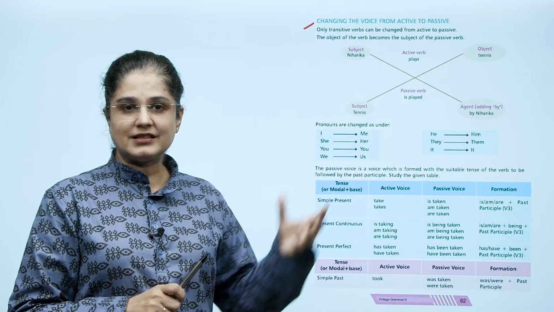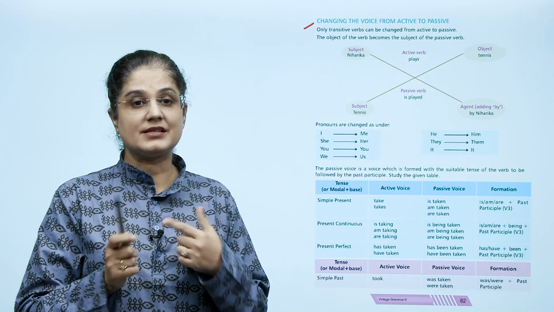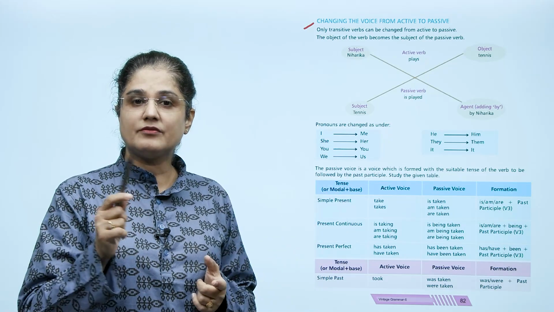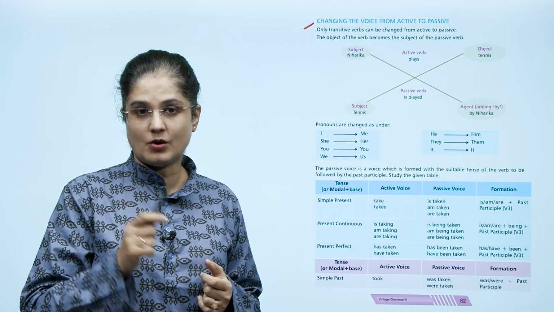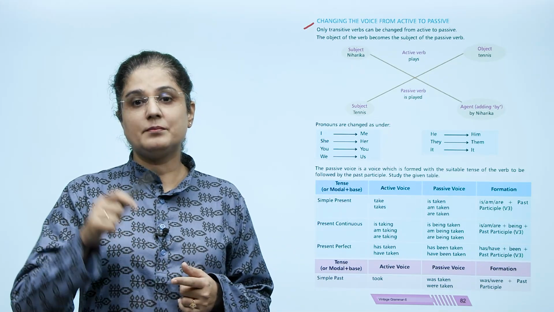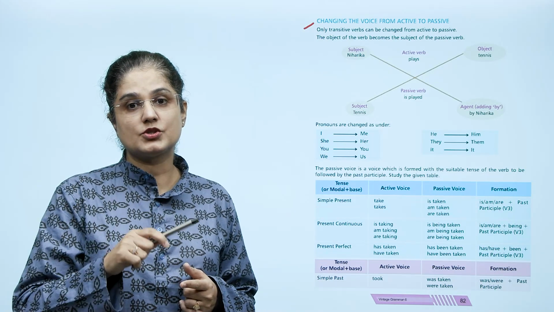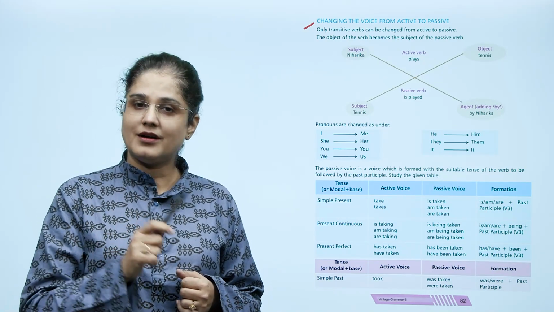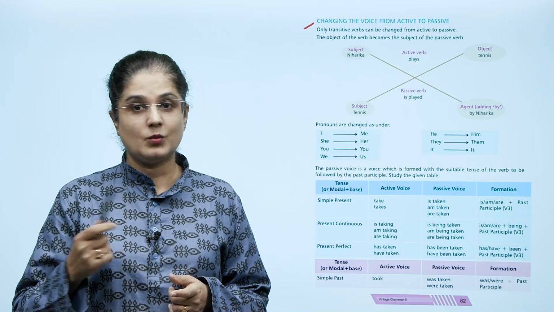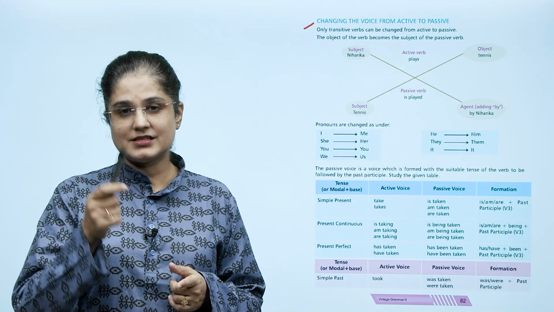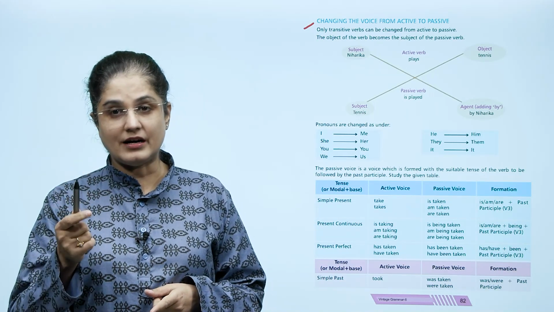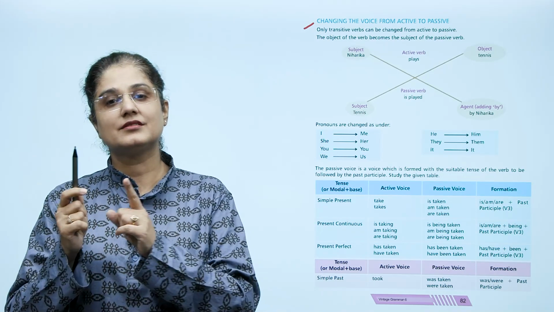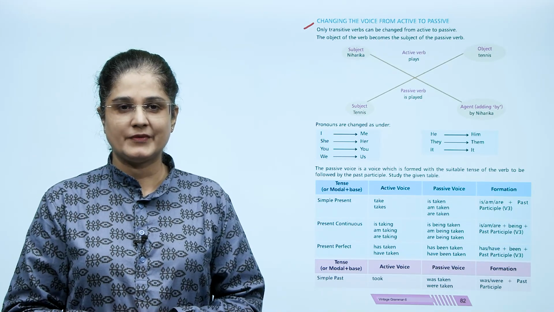So if we look at the tense or the modal plus base in simple present, the active voice is take or takes. In passive voice, it changes to is taken, am taken or are taken. Why? Because is or am or are added to the past participle, that is the third form of the verb.